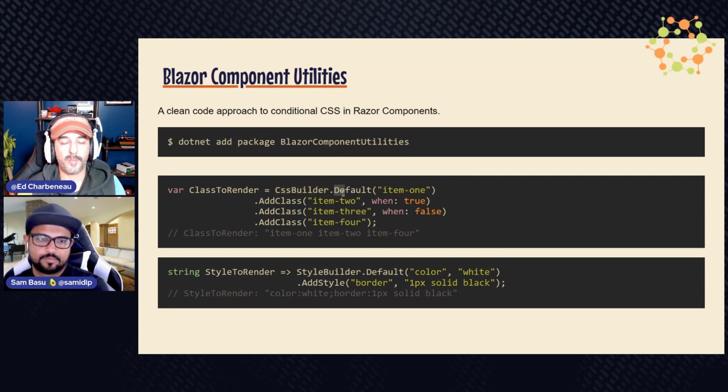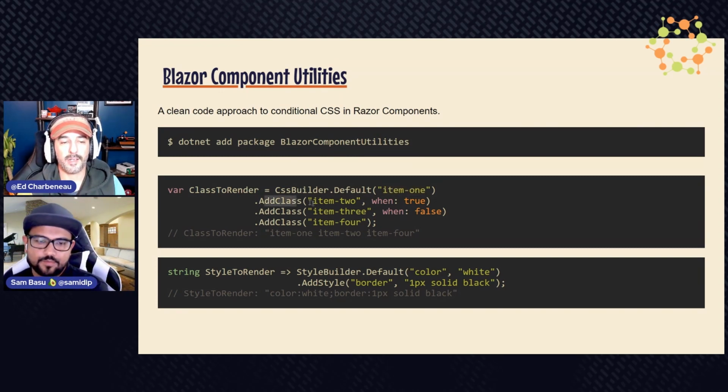And then there's a couple little utilities that it has as methods here that you can add to control what CSS is output. So by default, I want my CSS to have the text item 1. And then I want to append some strings to it depending on things in the system here.